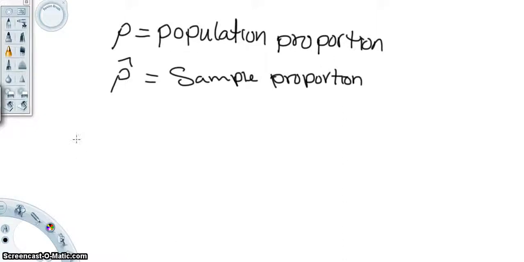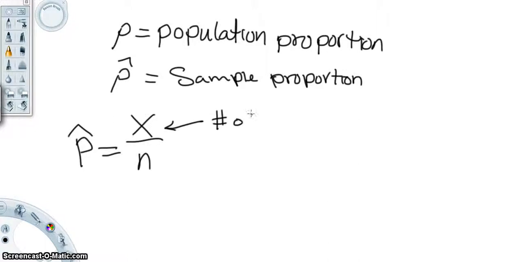To find p hat, we have the equation p hat equals x over n, where x stands for the number of sample units in favor of what we're looking for. In the case of Colebrook Academy students taking statistics, 7 was my x. And n, just like before, stands for our sample size.